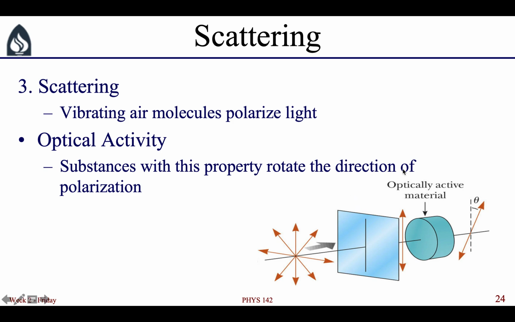If you start out with some unpolarized light and you put it through a Polaroid so that it's polarized, then if you put it through an optically active material, that material can rotate the polarization axis. Some materials, such as corn syrup, actually have this property where they can rotate the axis of polarization.